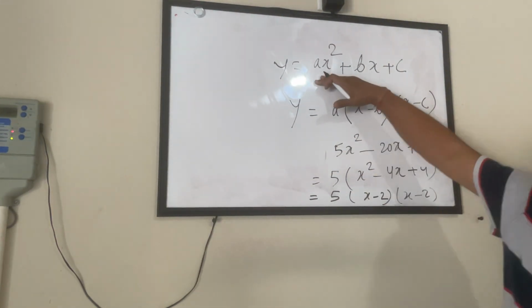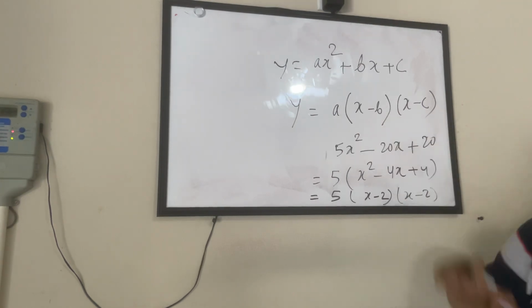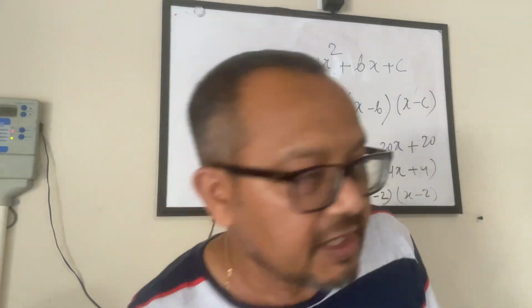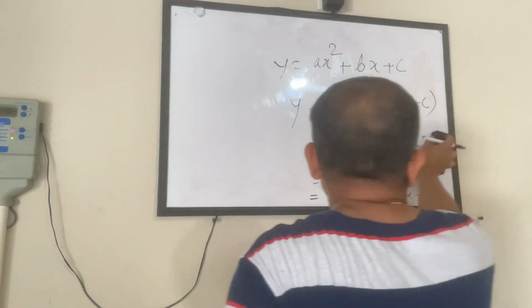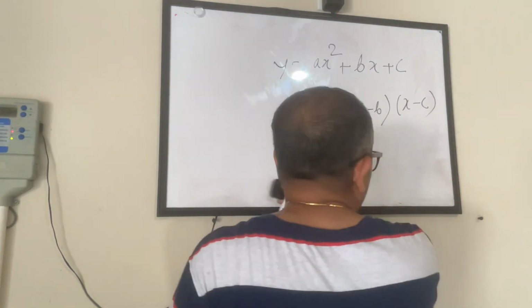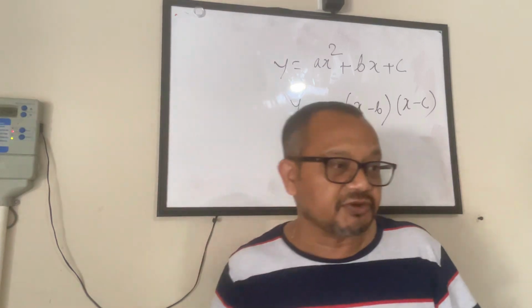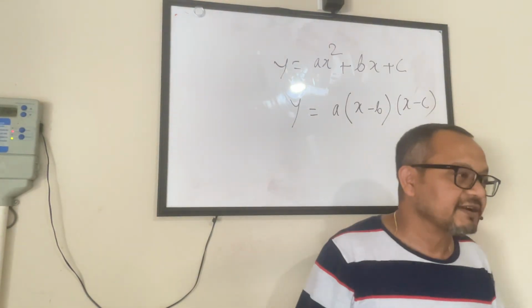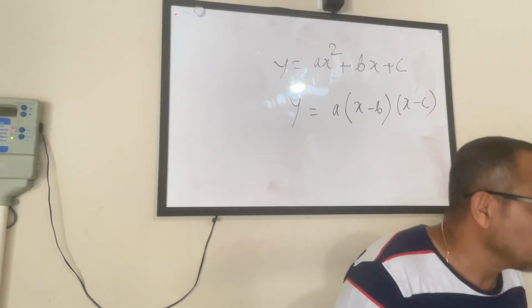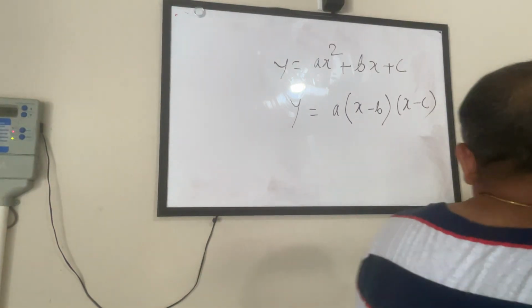So this is called standard form, this is called factored form. Now, there was a third form that I had mentioned in the WhatsApp message that I sent to you guys. Do you remember what that is? Vertex form. Yeah.